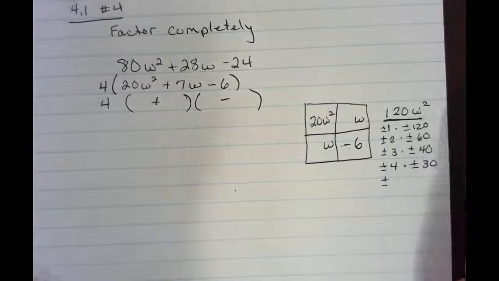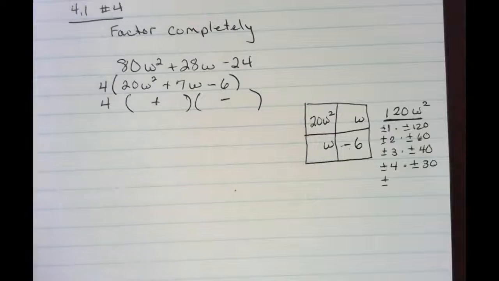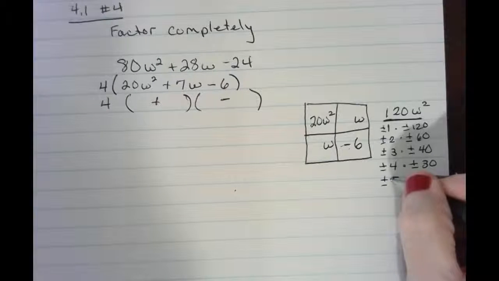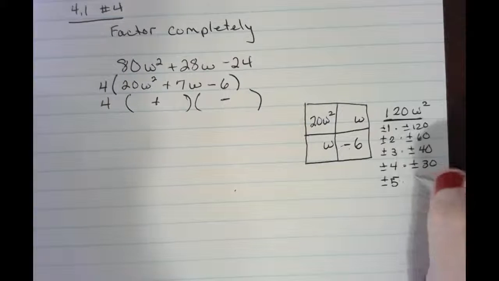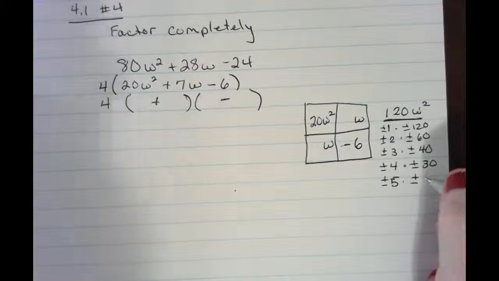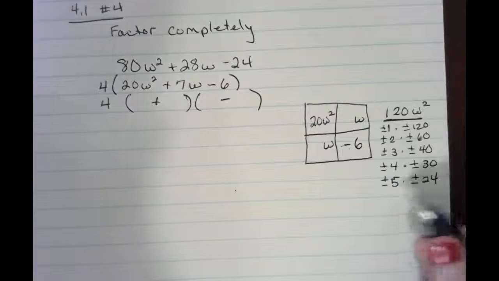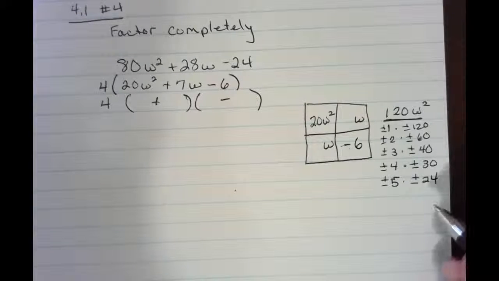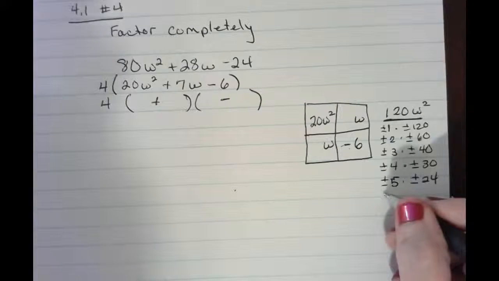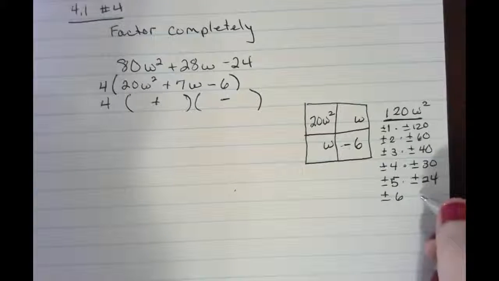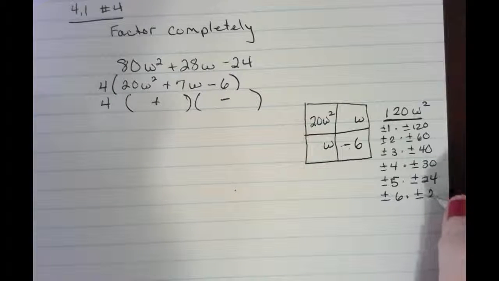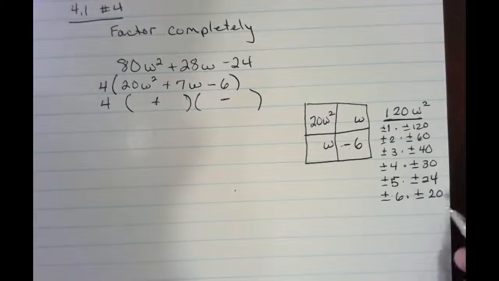5, will 5 divide into 120? And 5 will go into 120 24 times. But still, those will not give me 7. So plus or minus 6 times plus or minus 20, because 6 times 20 is 120.